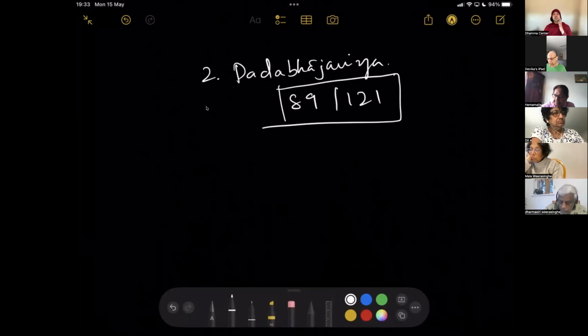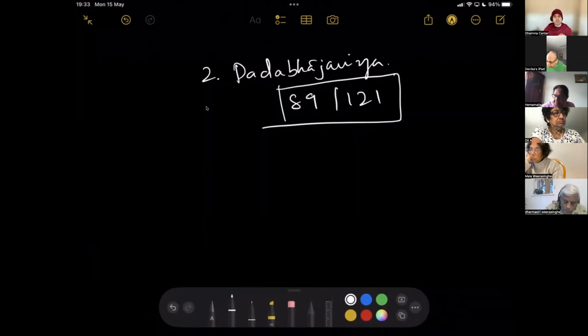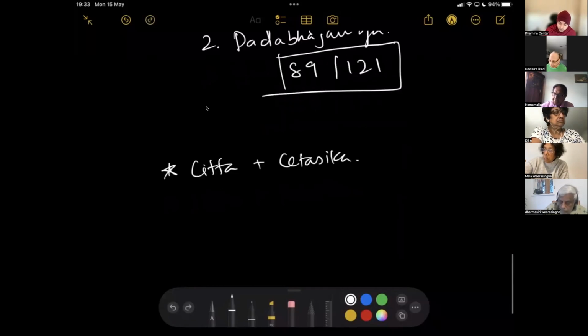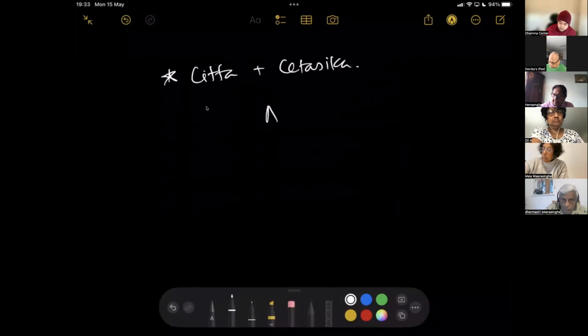So you have to know the Sampayoga and Sangraha quite well, Chitta plus Chetasika of the Abhidhamma Sangraha.